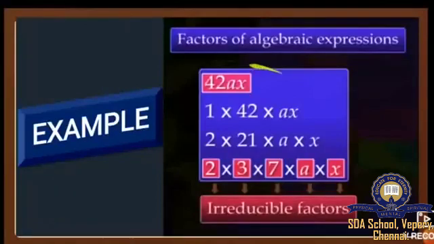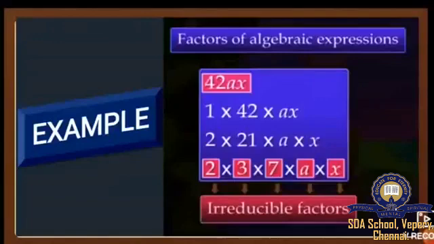The given question here is 42ax. These are three different forms of the factors of the given question 42ax. Now you need to check which is the correct form of the factors of 42ax, right? If you observe here, the third form has prime numbers, which is 2 into 3 into 7. The factors which have only prime numbers are the correct factors of the given question.